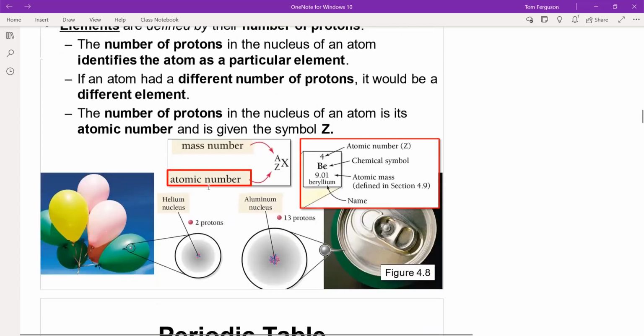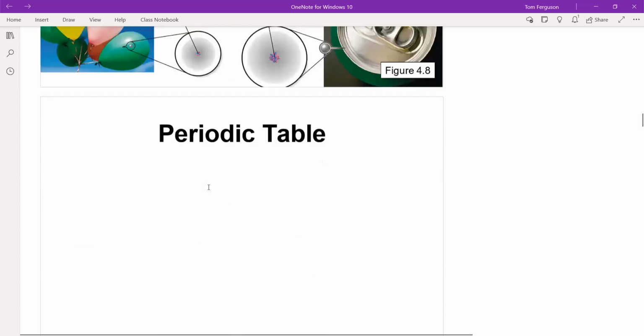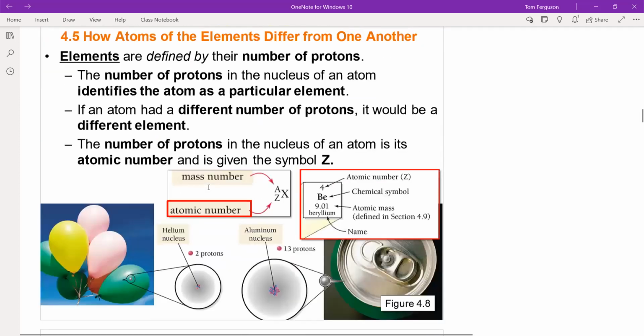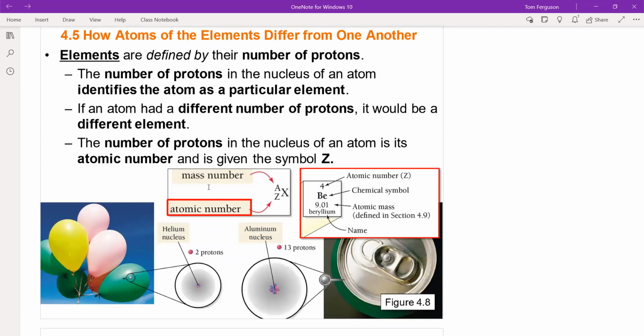Now, on the periodic table, every single periodic table, this is a really basic one. Basically, every single periodic table has to have the symbol and the number of protons.